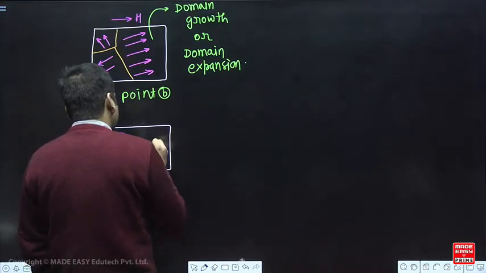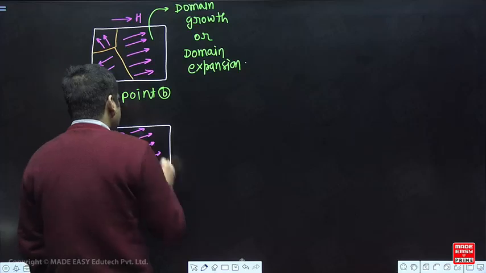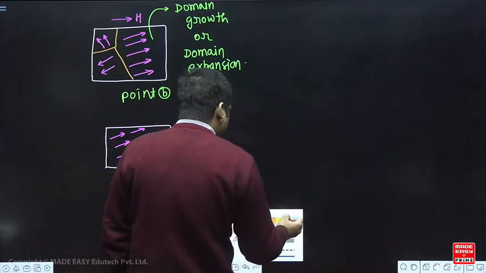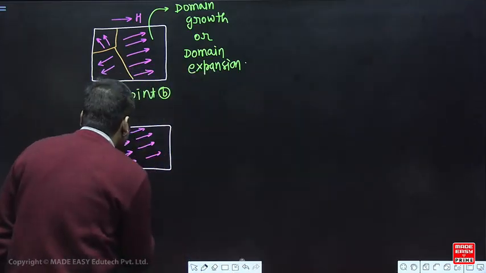So at certain point, let us suppose that is point D, and at point D all the domain wall has been collapsed.